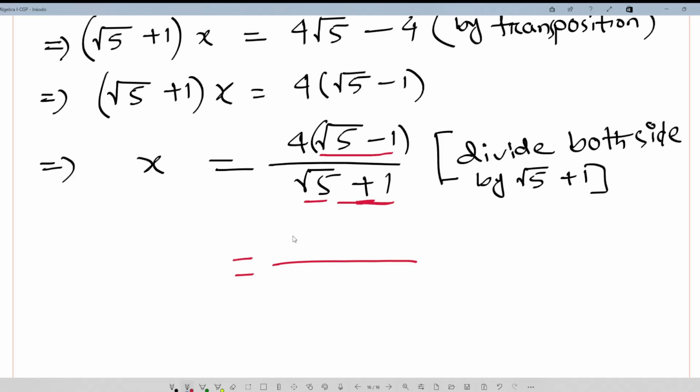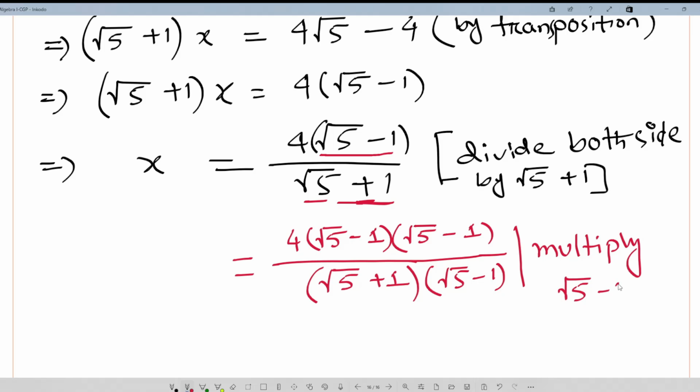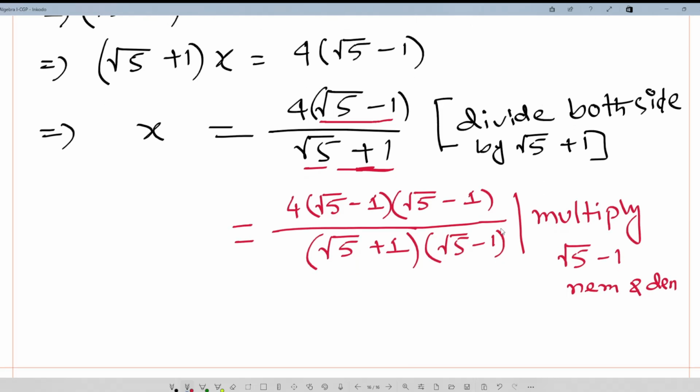Okay, so 4(√5 − 1) times (√5 − 1), and denominator (√5 + 1) and (√5 − 1). Multiply (√5 − 1) in numerator and denominator. Okay.